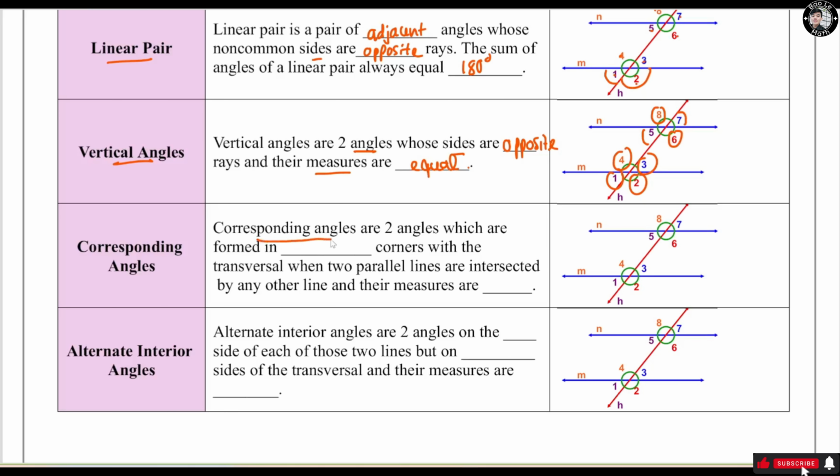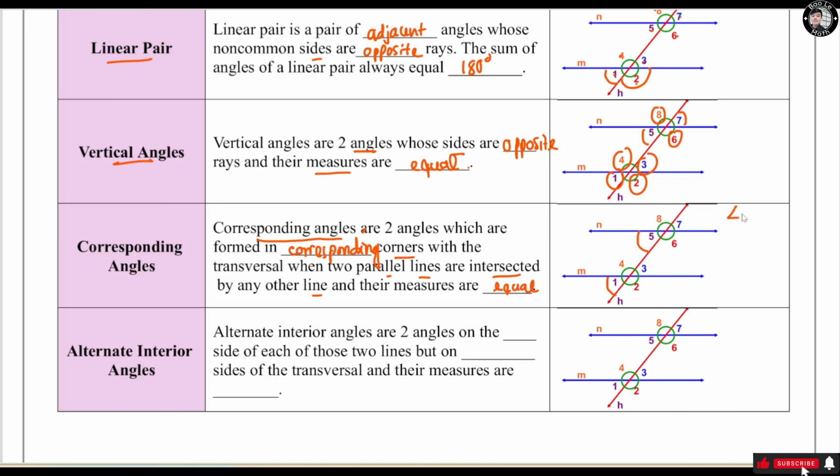Now, corresponding angles are two angles which are formed in corresponding corners with the transversal when two parallel lines are intersected by any other line, and their measures are equal. Alright, so corresponding angles are angle 1 and angle 5.